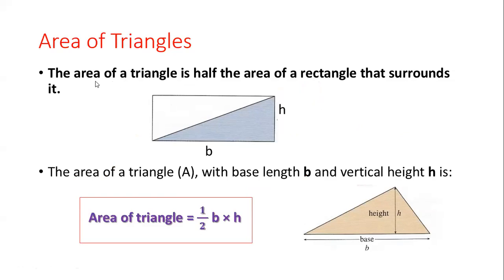The area of a triangle is half the area of the rectangle that surrounds it. The area of a triangle A with base length B and vertical height H is area of triangle equals half B times H, where B is the base length and H is the height.